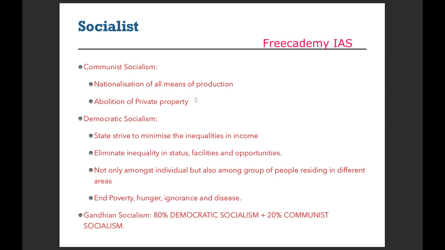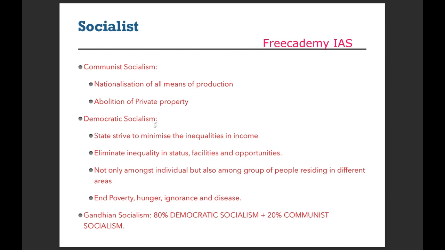No one can own property. This is a system envisaged by Karl Marx, but it could not be practically implemented anywhere except to a limited extent in Russia, and what China now calls communism is not implemented in its exact sense. So this is communist socialism.